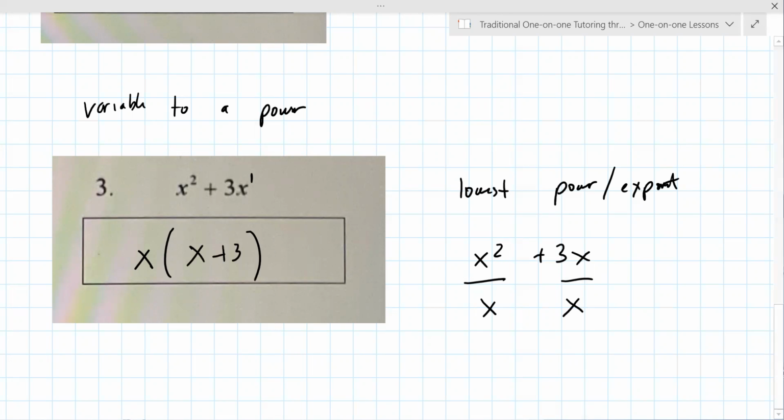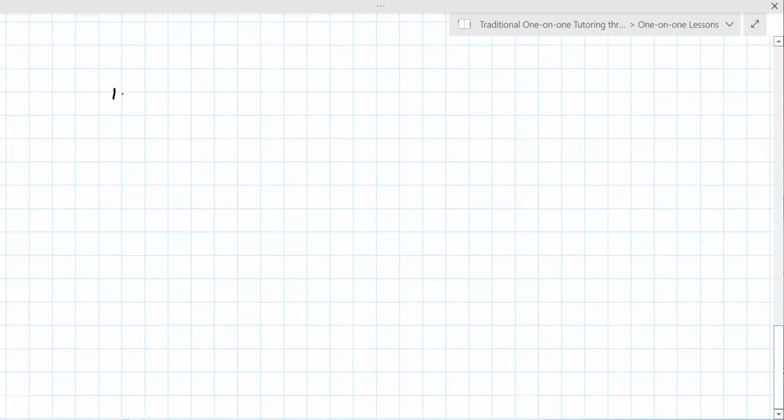Unfortunately, let me just make one up real quick. Let's say it's 4y squared plus 5y cubed. What is the lowest exponent between these two? Y squared.